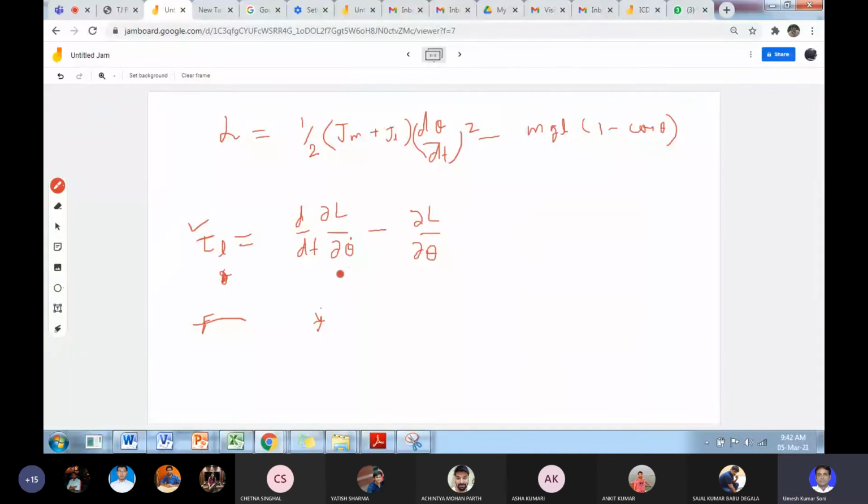So here in this term there is the quantity theta dot, but here there is no theta dot.